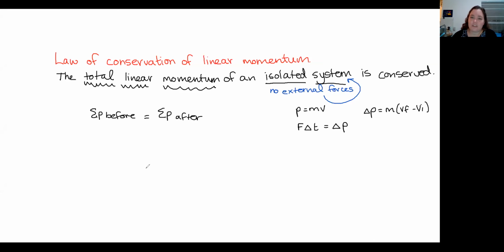So what I like to remind myself is that the sum of the momentum before is the mass times the velocity of every one of the objects that exist before. And there may be 1 or 2 or 3 or 4 objects. We usually don't deal with more than 2 at a go. So the sum of the momentum of as many of them as there are before, which you can say is initial, is equal to the sum of the momentum after.